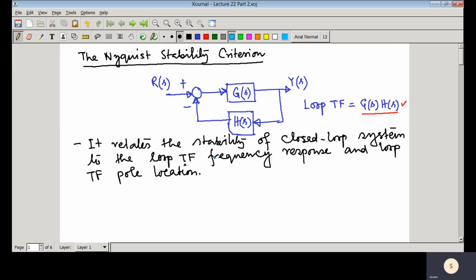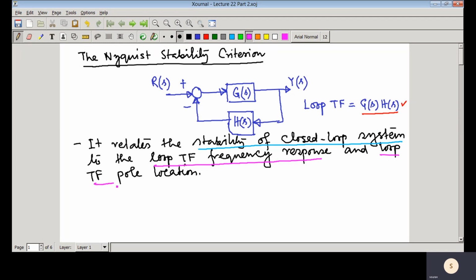Applying this criterion, you will be able to say whether the closed loop system is stable or not, and also how much stable it is. So we need two pieces of information: the loop transfer function frequency response and the pole locations.